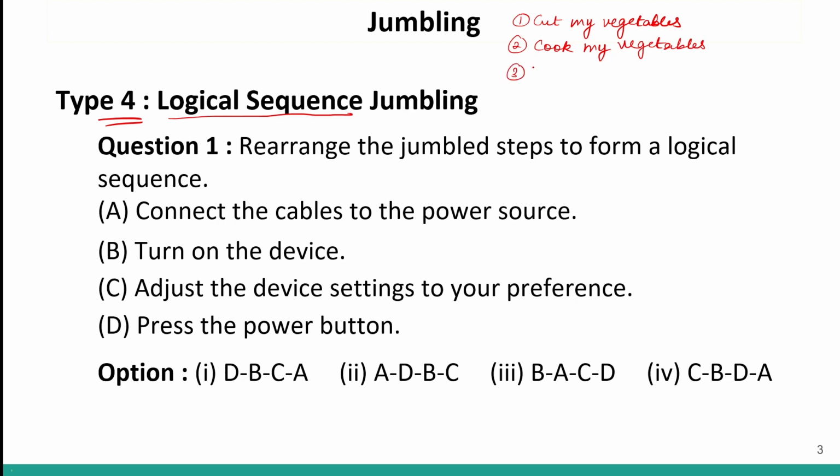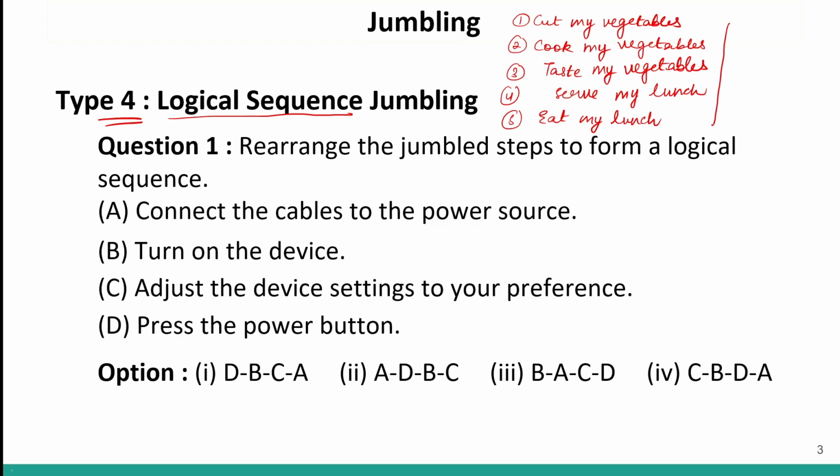The third step would be to taste my vegetables. Then I will pack my lunch. Or I can say I'll serve my lunch. And then I will eat my lunch. Right? So this is the logical order.